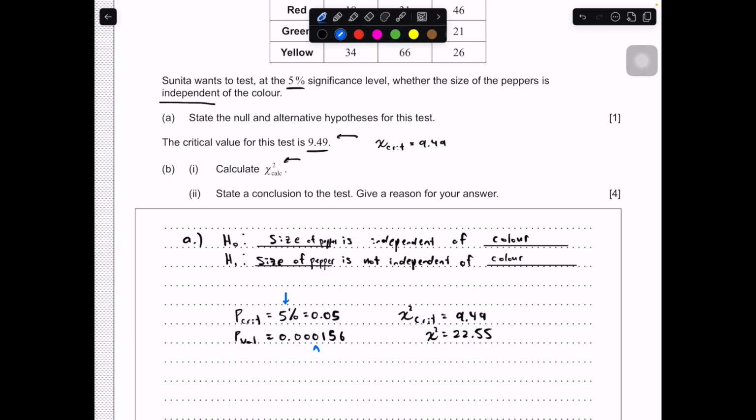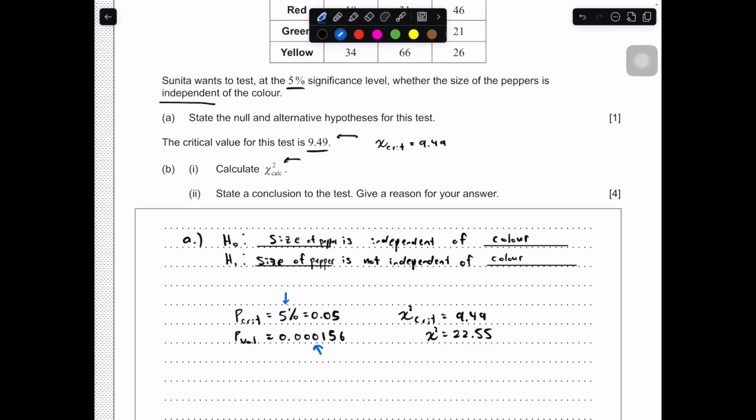So to what extent can we say that the size of pepper is independent of color? Well, no, actually. It seems that the chance of seeing these results is so unlikely that it gives us some reasonable belief to reject the null hypothesis.